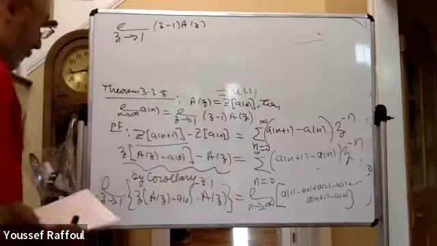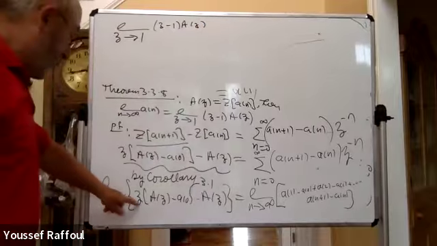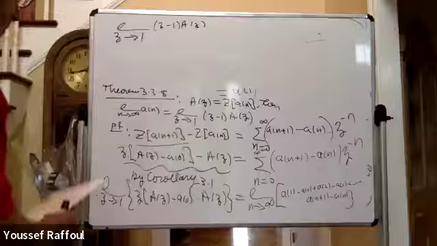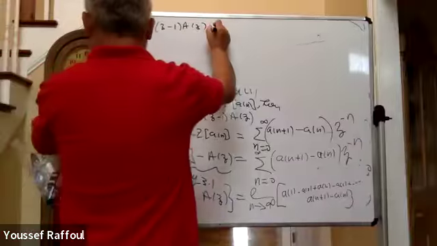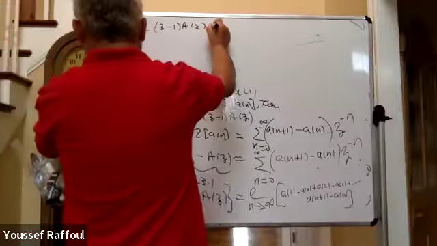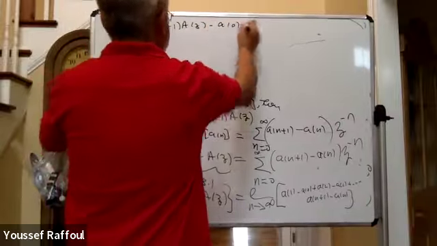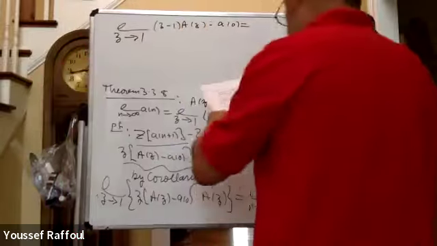And you see here, if you let Z equal 1 here, you get A0 minus A0.